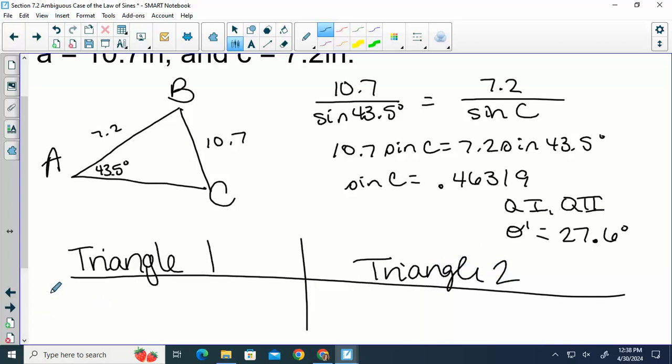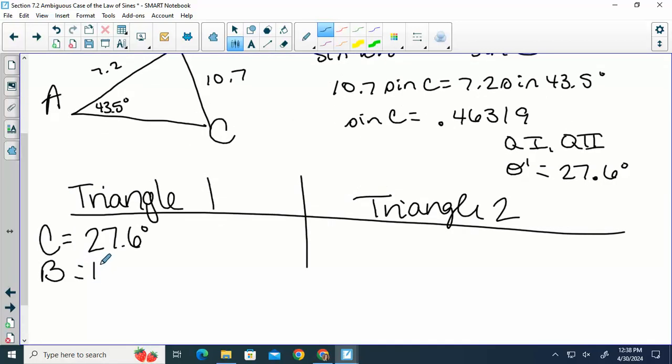So in triangle 1, we are looking for angle C. That would be our angle in quadrant 1, so 27.6 degrees. Then we need angle B, so 180 minus. We get 108.9 degrees. We also need side B.